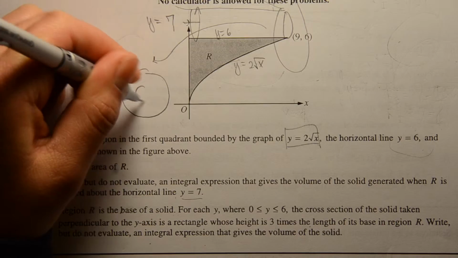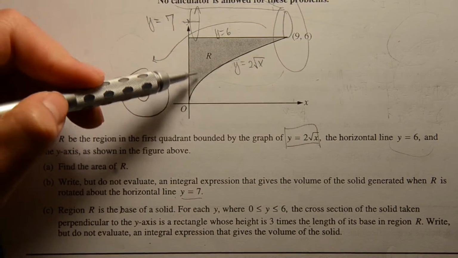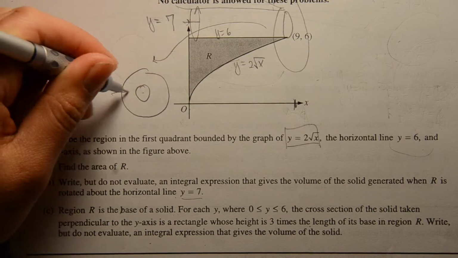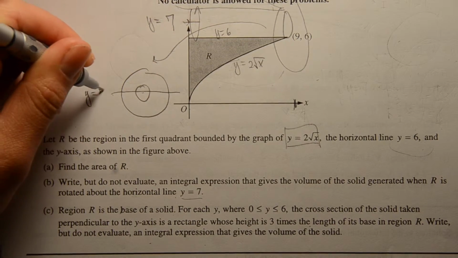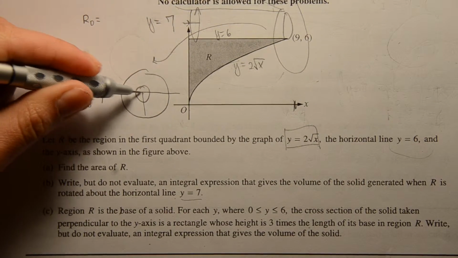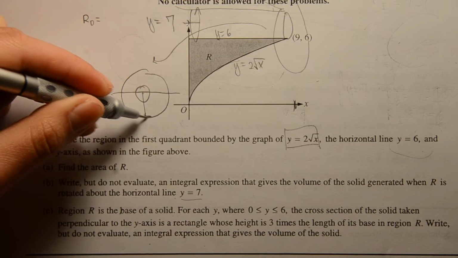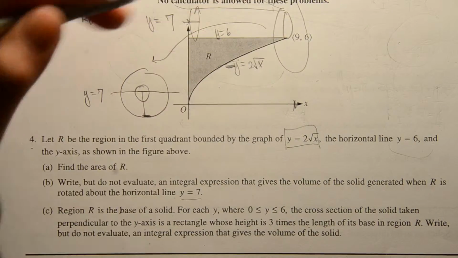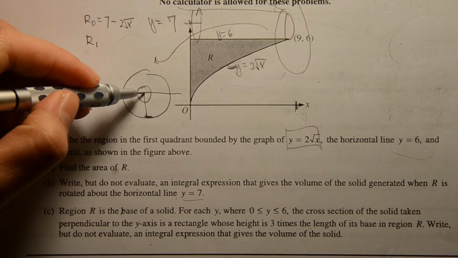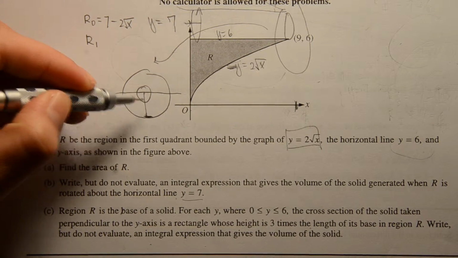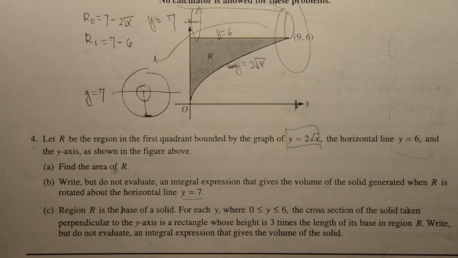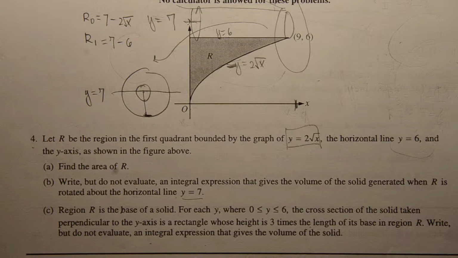When you draw a cross-section of one of the washers from 0 to 9, with this axis of y equals 7, the outer radius would be equal to 7 subtracted by the outer function, which is 2 root x, and the inner radius would be 7 subtracted by the one closest to the axis, which is 6.